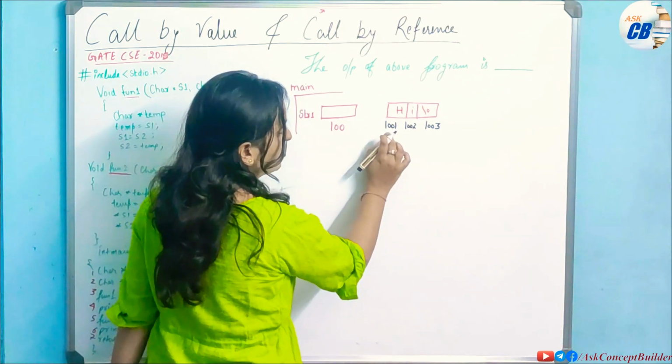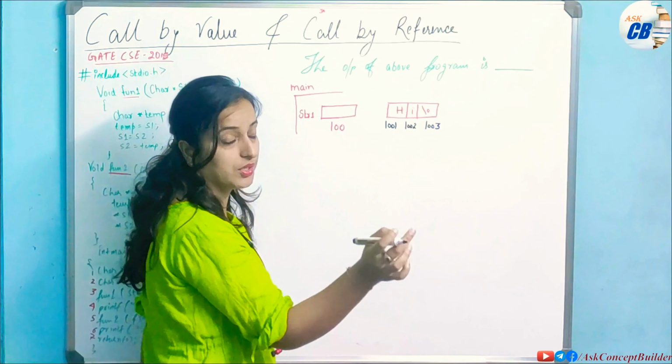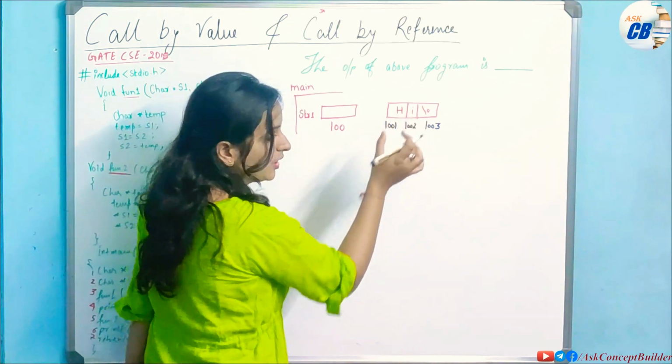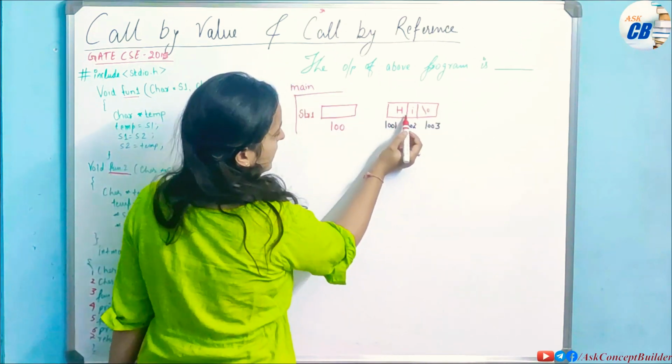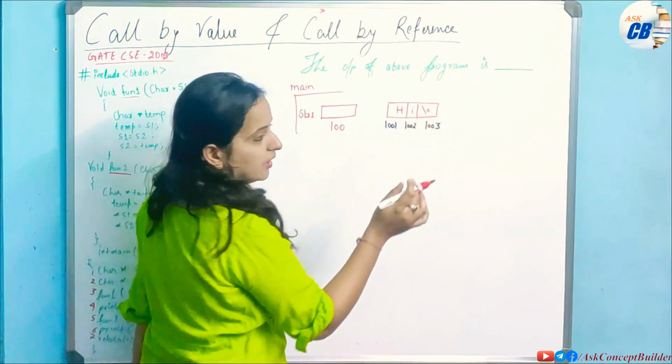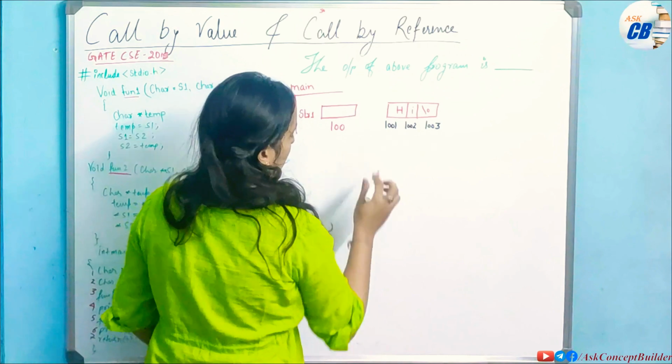So this is 1001, this is 1002, and this is 1003, because a string will always end with the null character. A string will be represented like this, with the null character at the end.